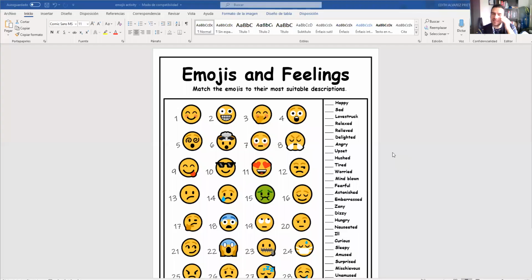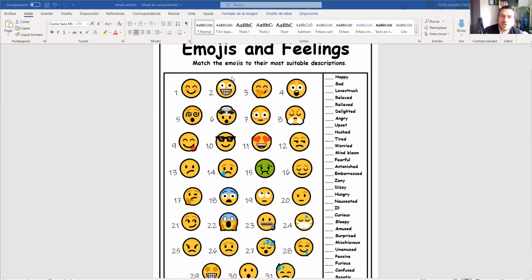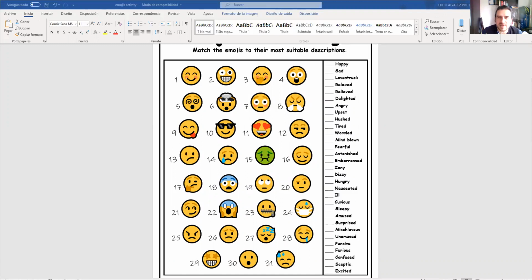Okay, the idea is like this one, emojis and feelings. So you have to match the emoji to their most suitable description. For example, happy, what is happy? Number one, number two, number three, number four.